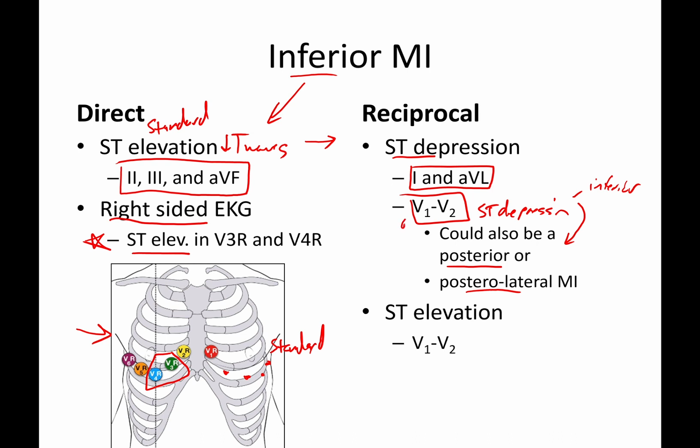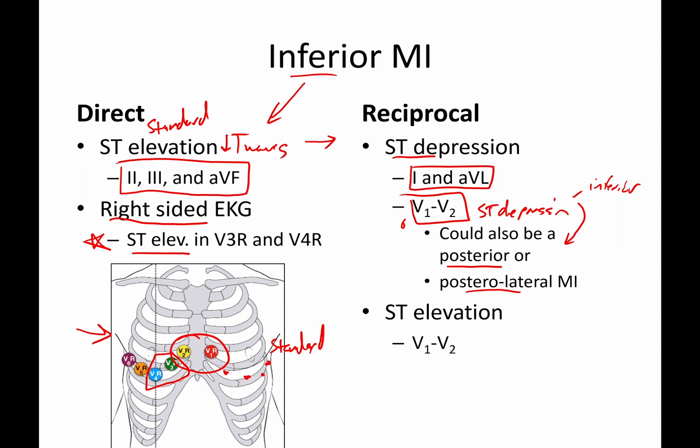And if you think about it, V1 and V2 are right there in the center of the chest. So if there's an MI going on in the back side of the heart on the opposite side, that lead won't be able to see it directly, but will be seeing it from the opposite side. So V1 and V2 ST depression can oftentimes be a sign of a posterior MI.